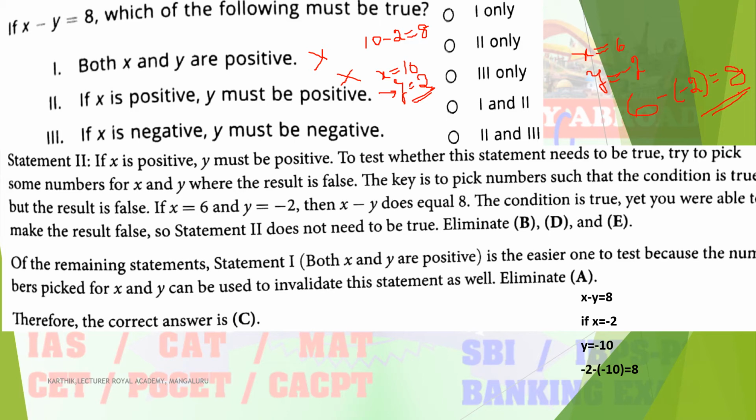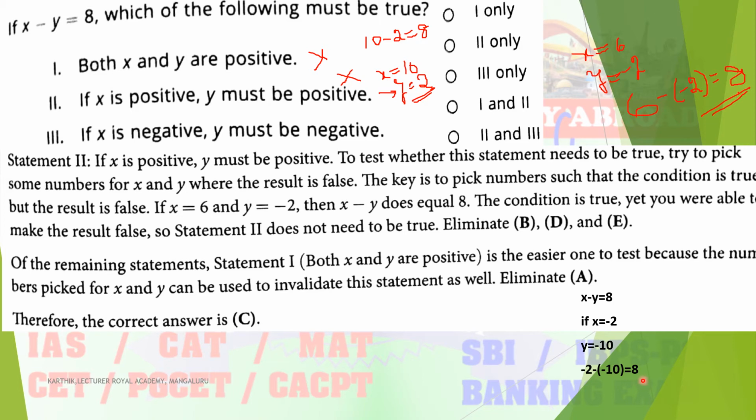Next, go for the third option. So what is the third option? If x is negative, y must be negative. So here just see, x is negative, x is equal to minus 2, and y is minus 10 only. If you take a positive value, you will not get the answer 8.